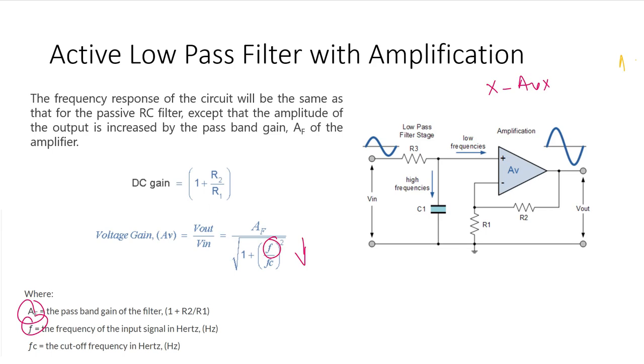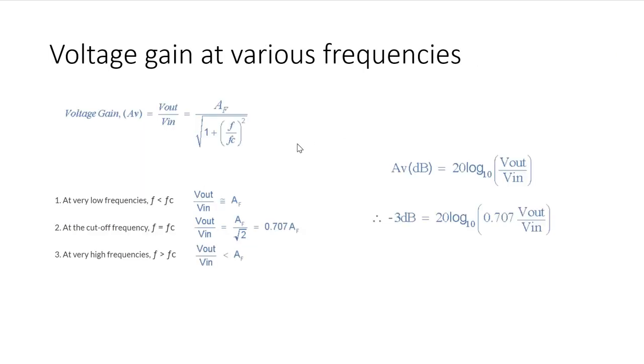Okay, the voltage gain at various frequencies is given in this slide. We are using the same equation as in the previous one, and we are saying that F is less than FC. Remember that in the previous slides we were discussing the bandwidth of the amplifier, not the FC.